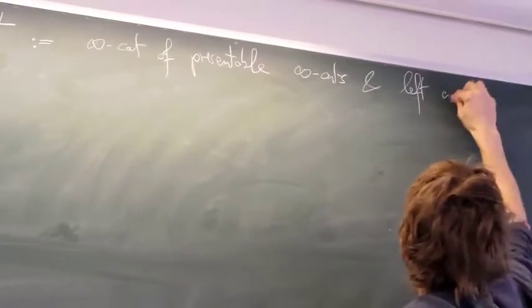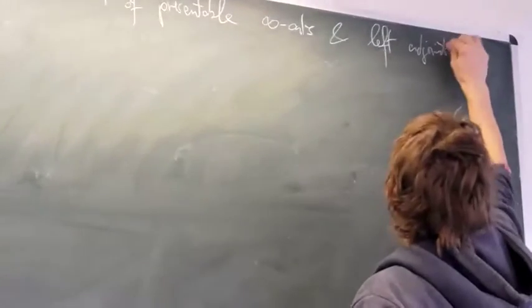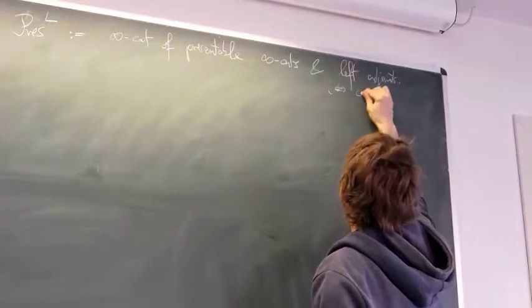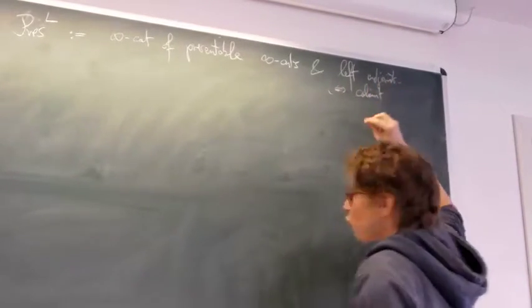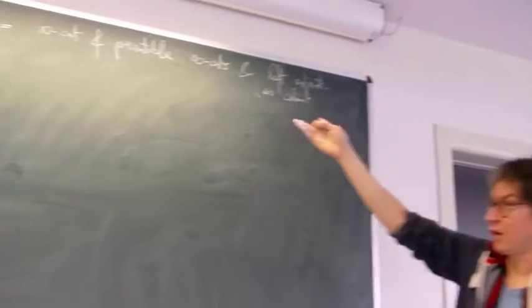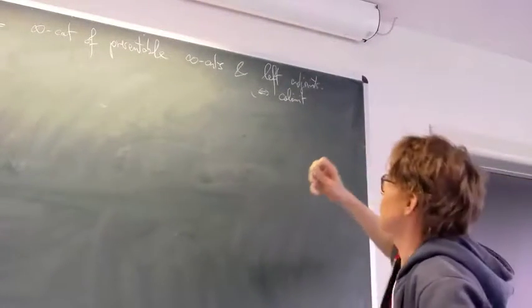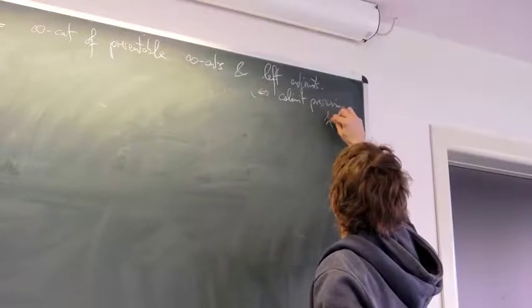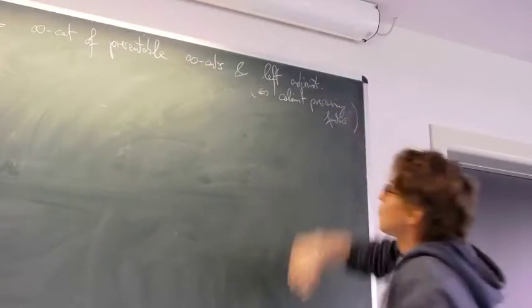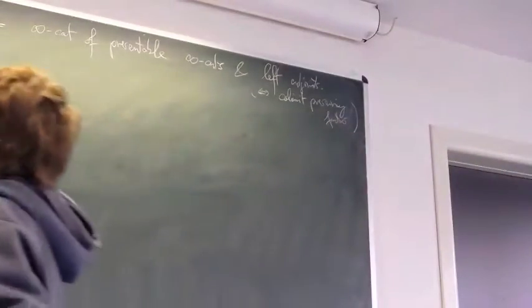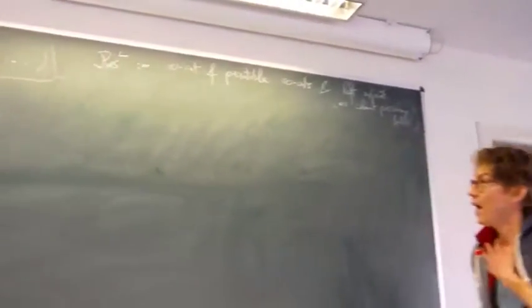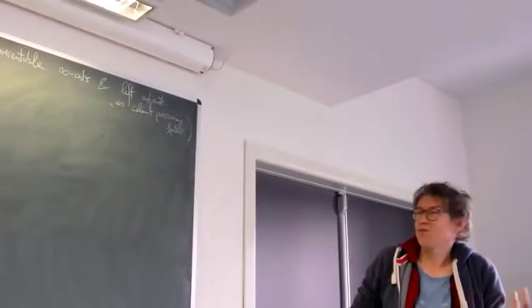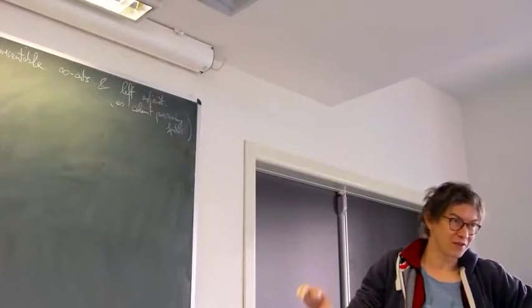And functors which are left adjoints, meaning colimit preserving. If you know the corresponding thing in one category theory, there's something like this too. Presentable, locally presentable categories, that's what I call them. And as in usual category theory, if you have a functor and it has an adjoint, then this adjoint is uniquely determined by the functor.